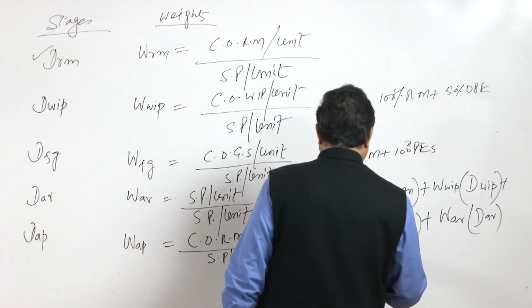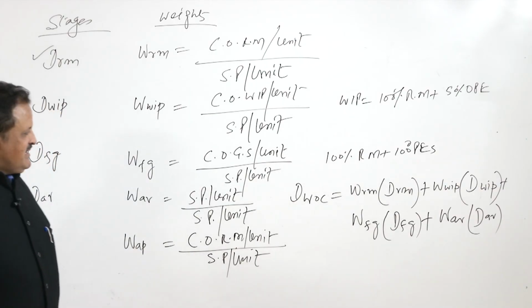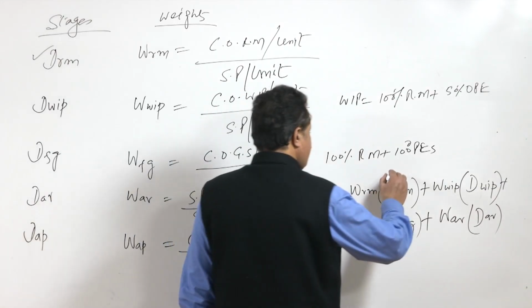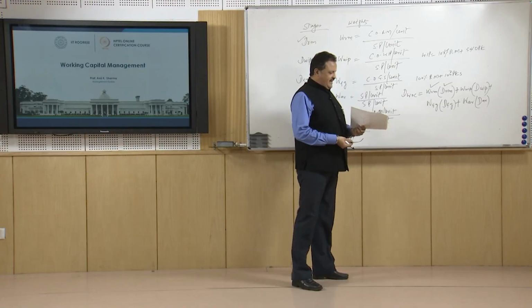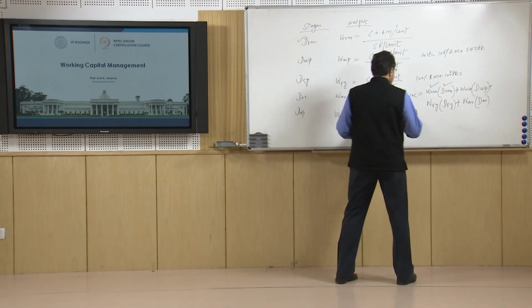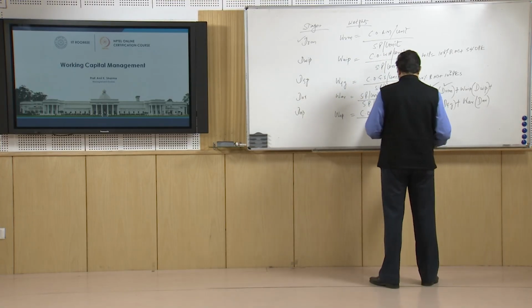So, this will give you the duration of the weighted operating cycle. Now, the simple change we have made here is that earlier this was only there, now we are multiplying with the weights at all the 4 stages.